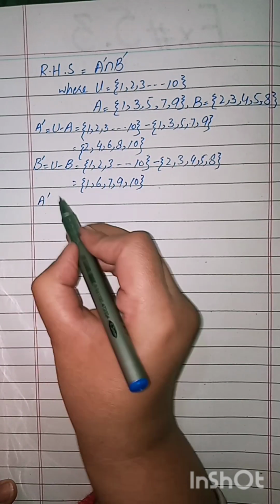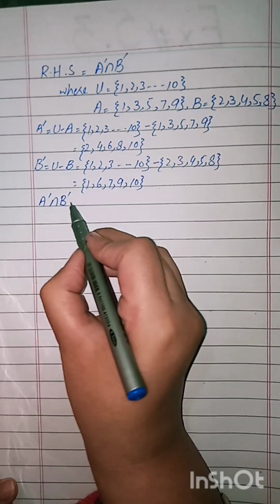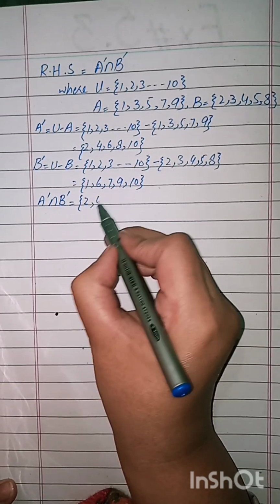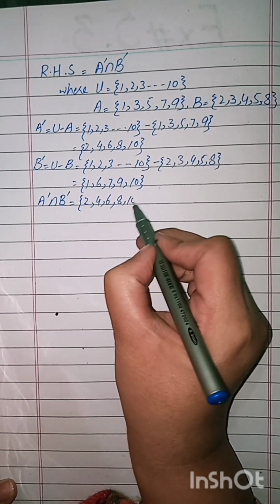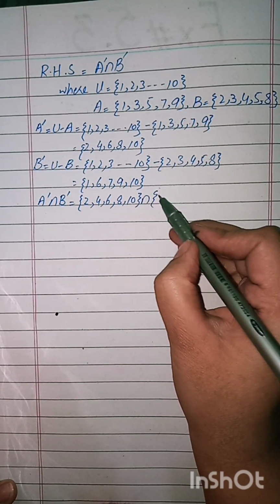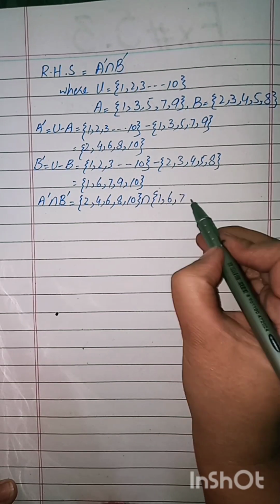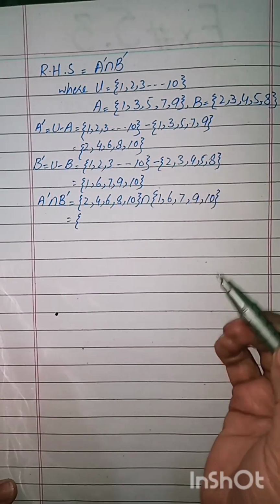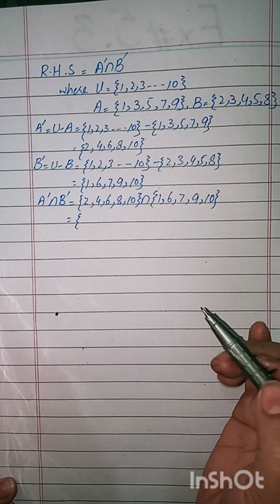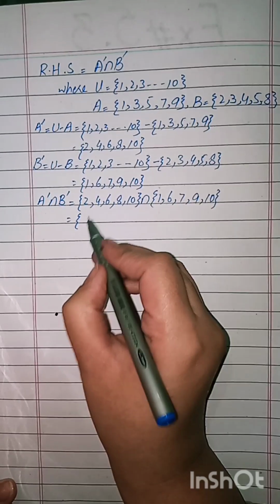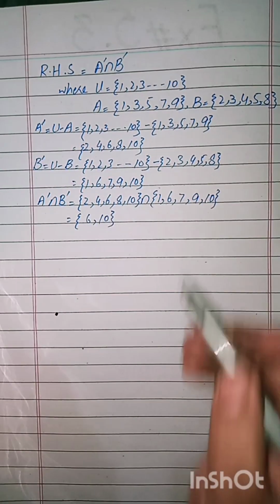So now we have to find A complement intersection B complement. The elements of A complement are 2, 4, 6, 8, 10. Intersection the elements of B complement 1, 6, 7, 9, 10. So our answer will be the common numbers 6 and 10.